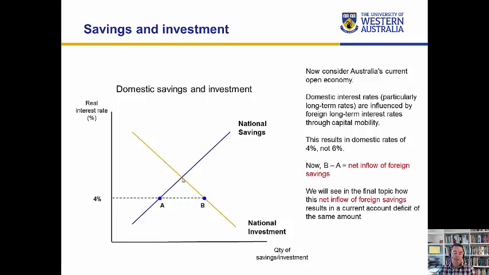At that interest rate, we've got local borrowing requirements equal to B, and we've got local savings equal to A. Now, once again, this is a general principle, and I'm trying to fit this explanation into the money market analysis that we've done previously, which makes it a little bit complex when you're trying to fit a general principle into something quite specific.